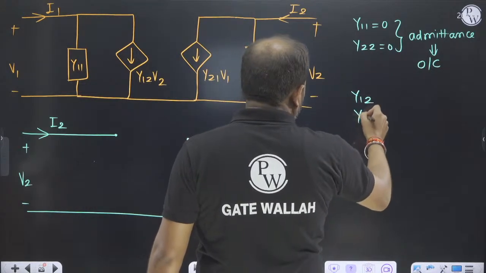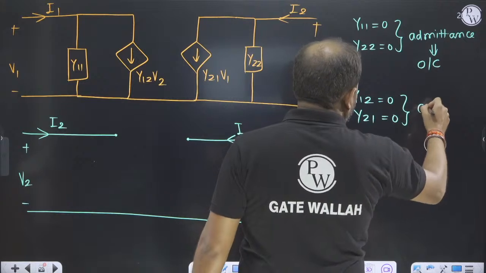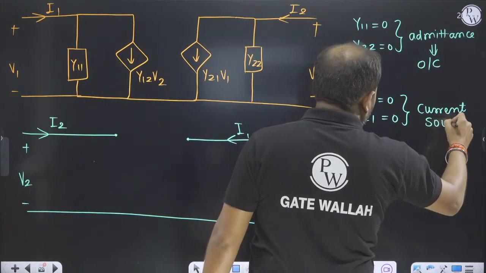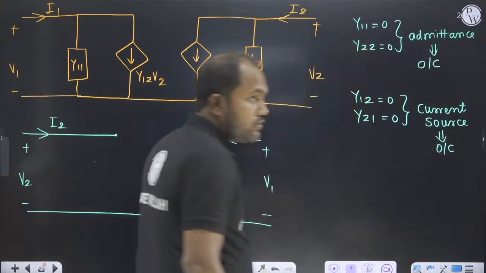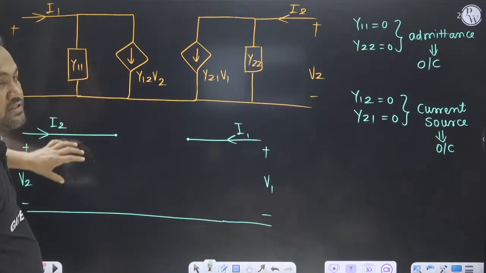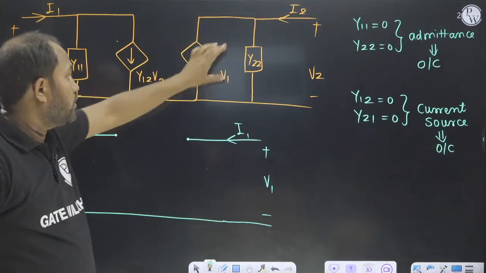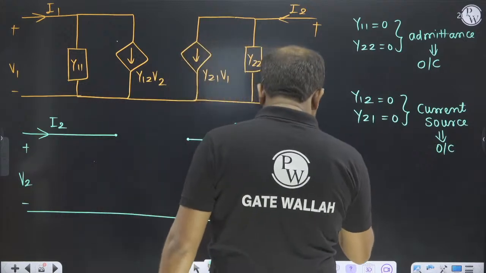Y12, Y21 is equal to 0, that means current source is 0. Current source will be replaced by open circuit. So this Y11 is 0, open circuit. This one is 0, open circuit.